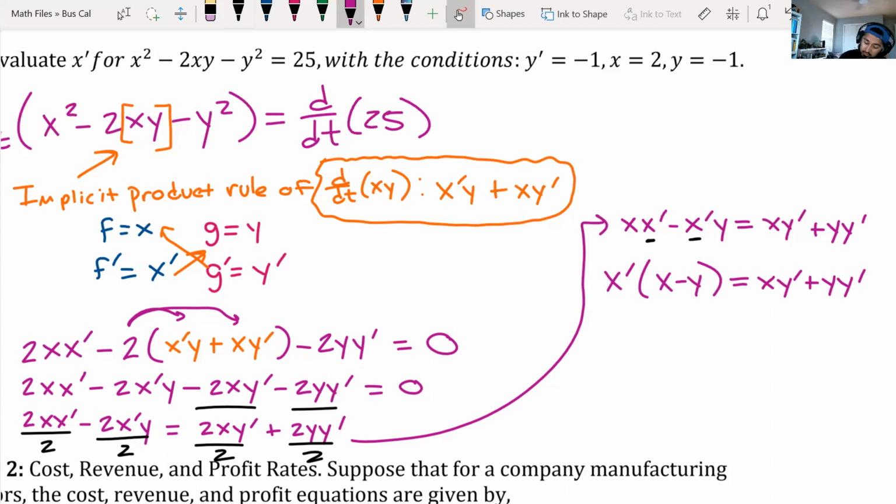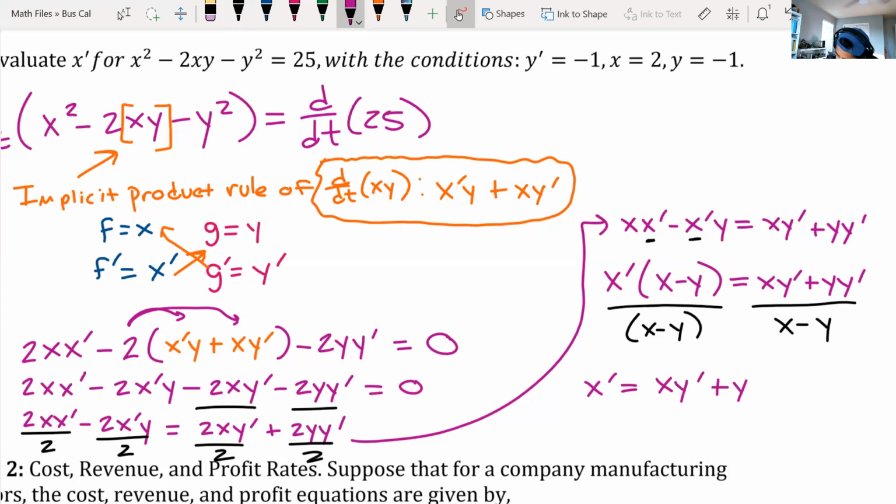And now all we have to do is divide by x minus y. And we get x prime is equal to xy prime plus yy prime over x minus y.